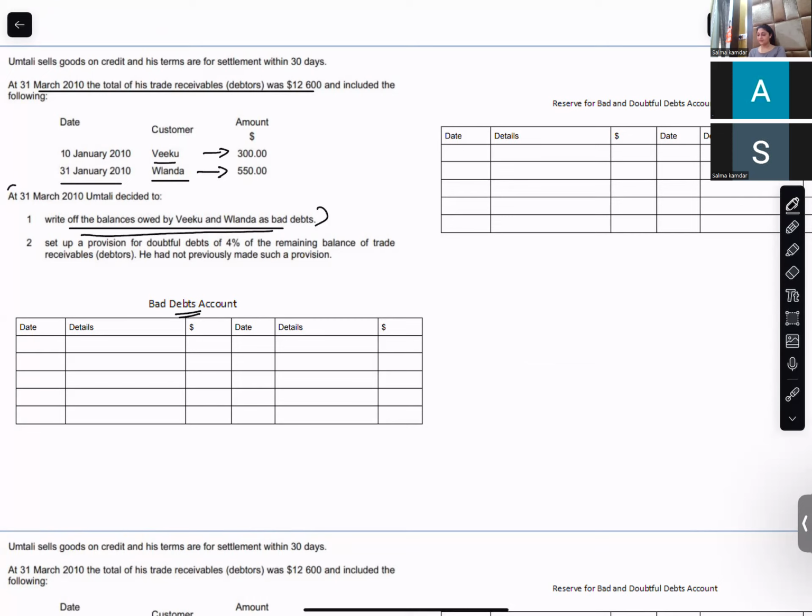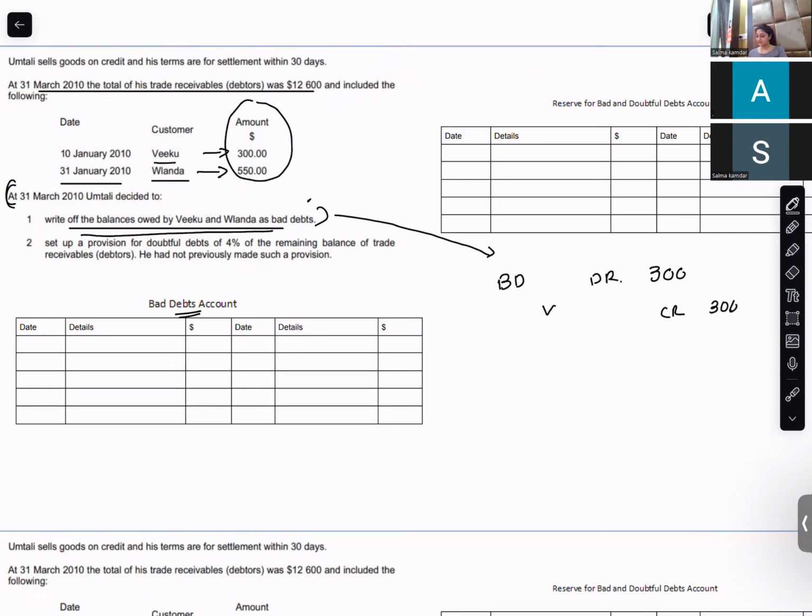Tell me for this. The balances of Viku and Mulanda are bad debts. She wants to write this off as bad debts. Journal entry for bad debts: bad debts debit, trade receivables credit. What is the name of the trade receivable? Viku and Mulanda. So bad debts debit, Viku credit.